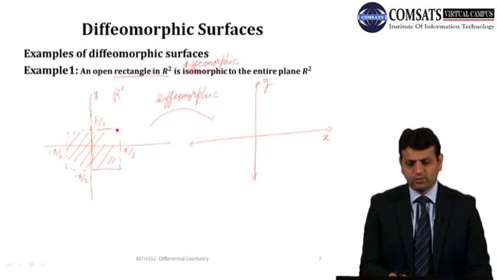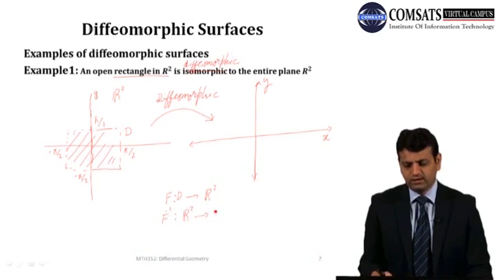So a very small portion of R2, let's say the set D, is diffeomorphic to the entire plane. So in other words, there exists a mapping which is differentiable from this set D to the entire plane R2, and there exists F inverse from R2 to D, and both are differentiable.